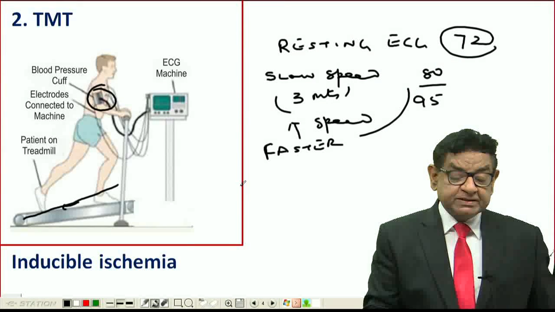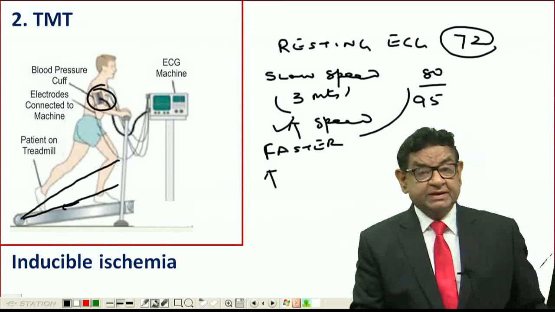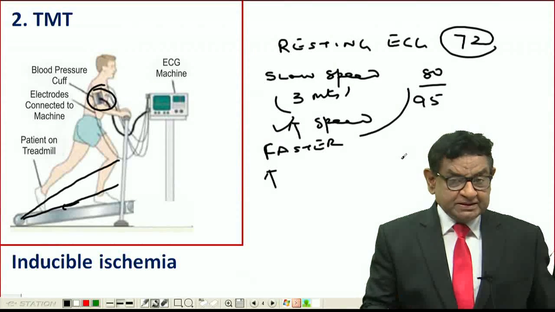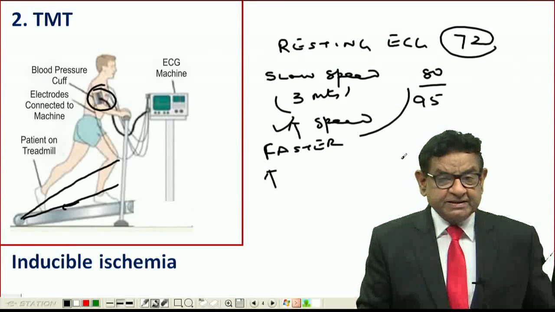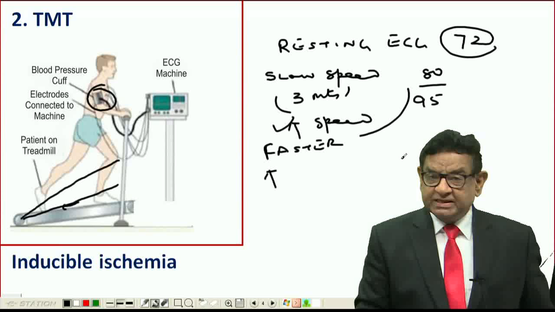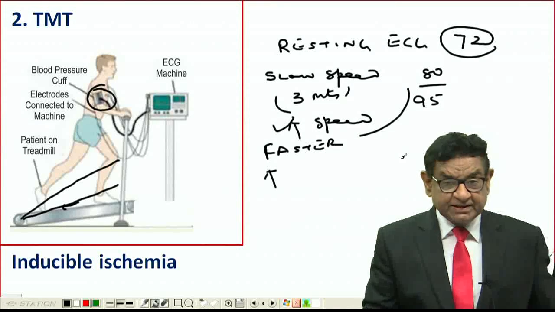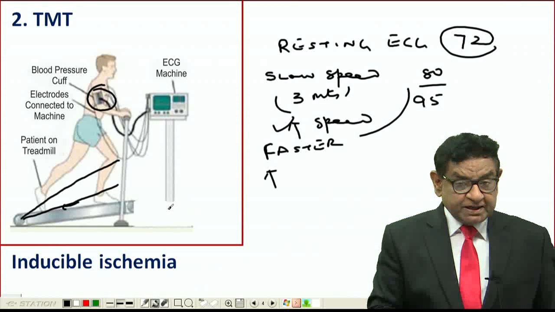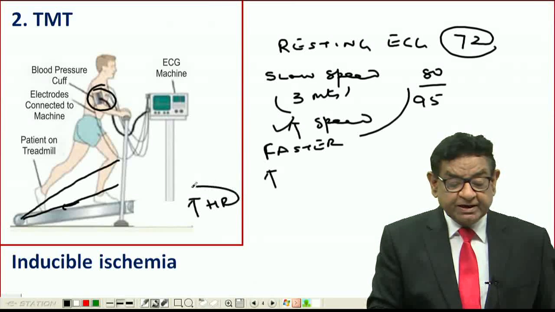Again after 3 minutes, the speed increases further and the height also increases further. So ultimately this is all computerized. As the height and speed increase, the patient has to run faster and the heart rate will increase. So what we are doing is artificially causing tachycardia, increased heart rate.